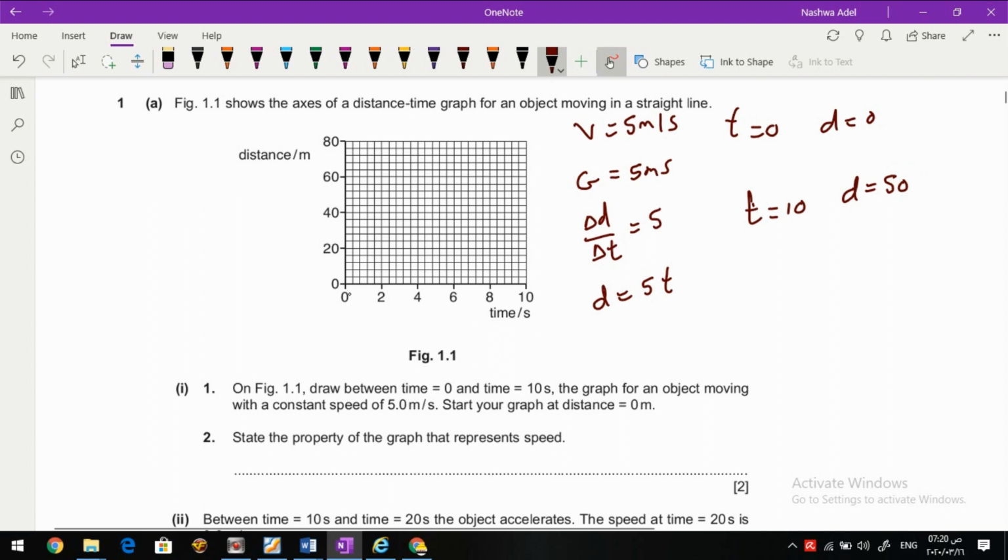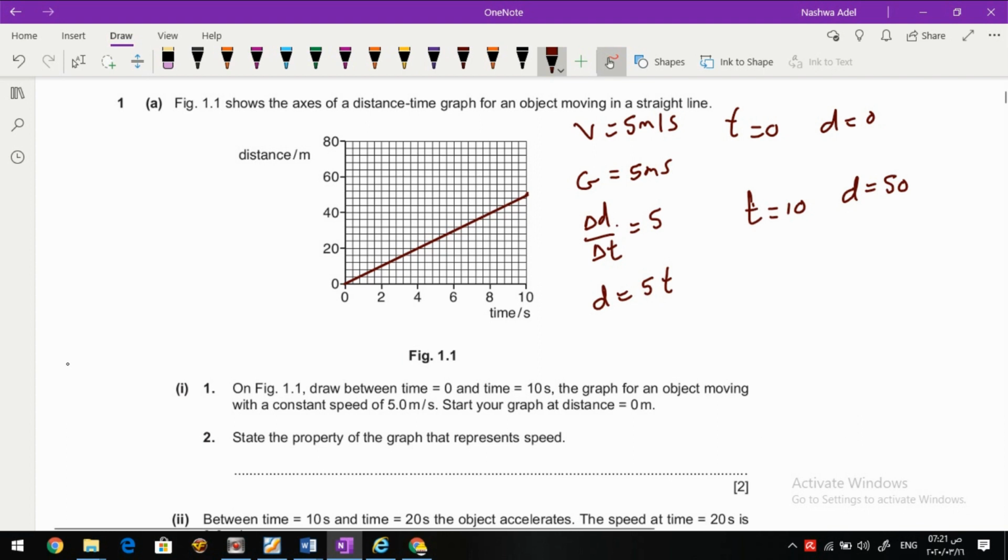The first point is 0 and 0, and the last point is 10 and 50. So here is the first point, and the last one is 10 and 50. Okay, this is a straight line.